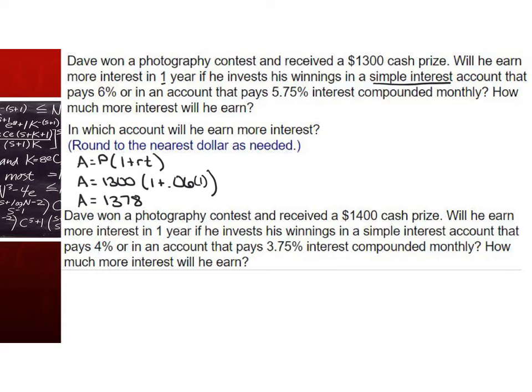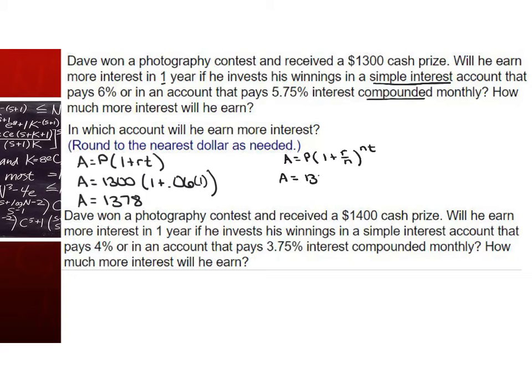Now I have to do the investment at 5.75%, but that's compounded monthly. That means I have to use the future value for compound interest instead, the one that has the N in it.